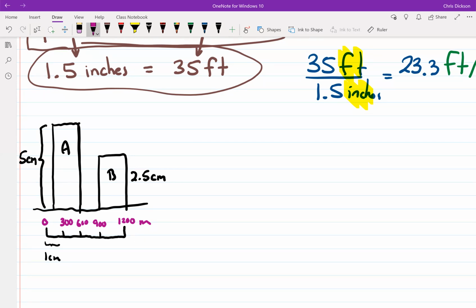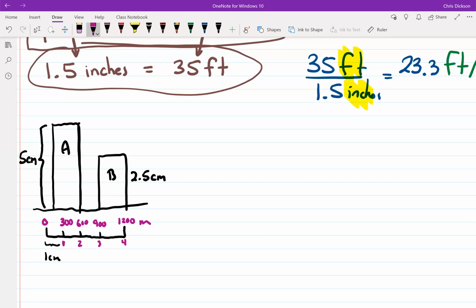So for example, this 1 centimeter right here is 300 meters. If it's 2 centimeters, it's 600 meters. If it's 3 centimeters, it's 900 meters. And if it's 4 centimeters, it's 1200 meters.